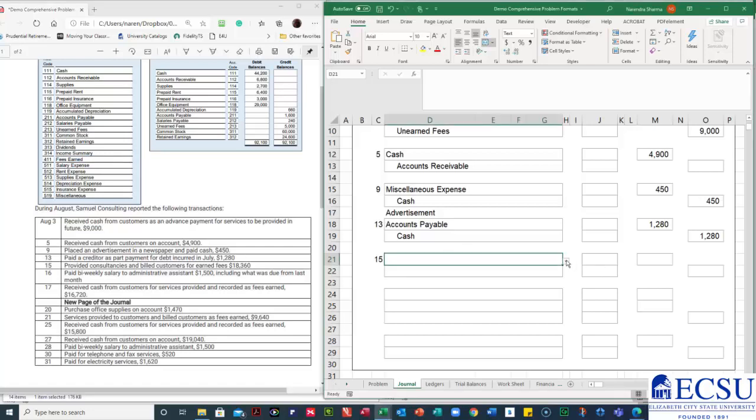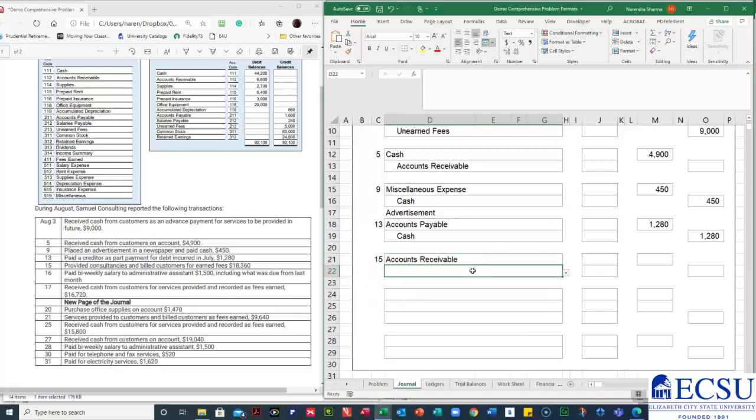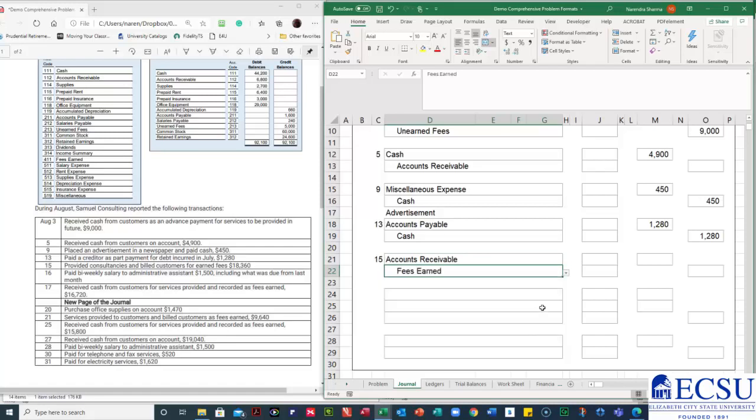So therefore, I'm going to use accounts receivable. So accounts receivable will be debited and fees earned would be credited, and the amount is going to be 18,360 and 18,360. So that's August 15.